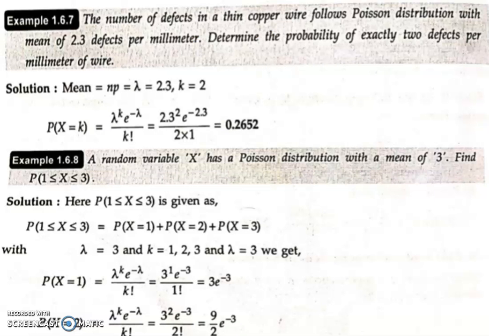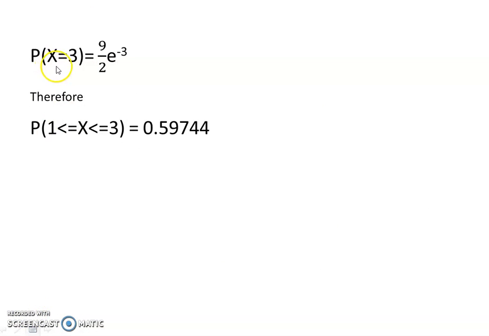Similarly find p of x equal to 3 using the same formula. You will get the answer 9 by 2 e power minus 3. The final answer for the probability of x ranging from 1 to 3 is the sum of p of x equal to 1, 2 and 3. You will get the answer 0.59744. Thank you. I hope you have understood.